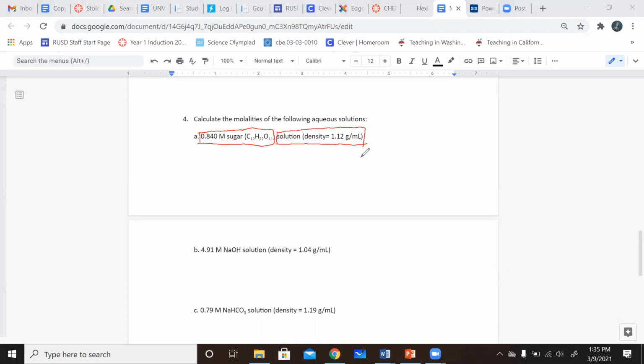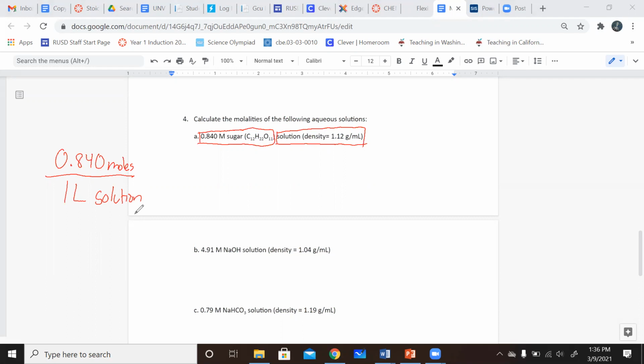Okay, so what the molarity means, once again, is that there are 0.840 moles of sugar in every 1 liter of solution. And remember, solution means both parts. Solution doesn't just mean the liquid part. Solution is both.